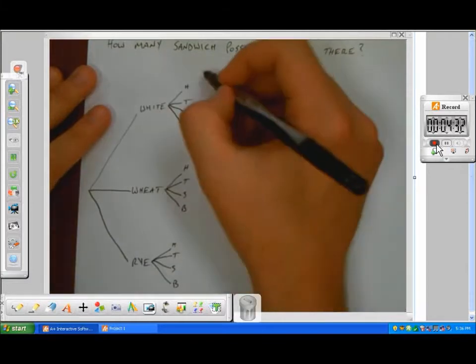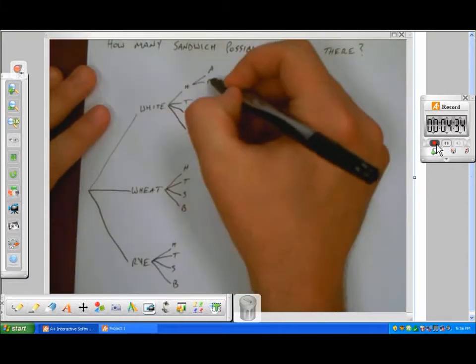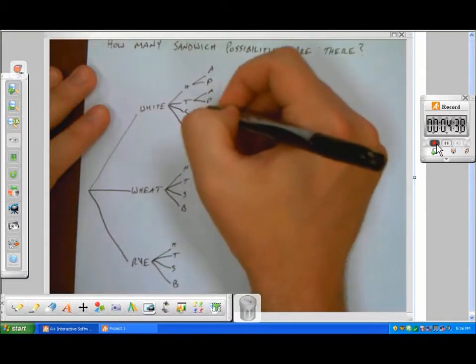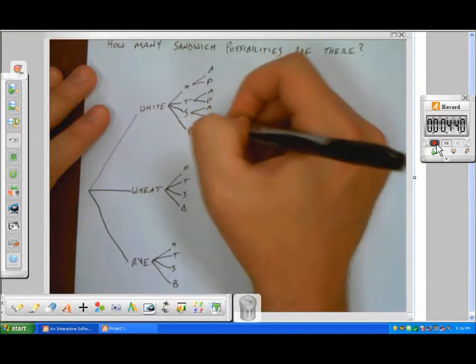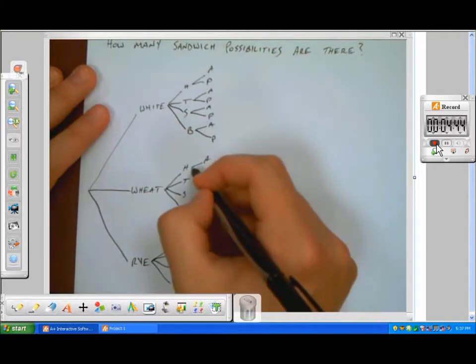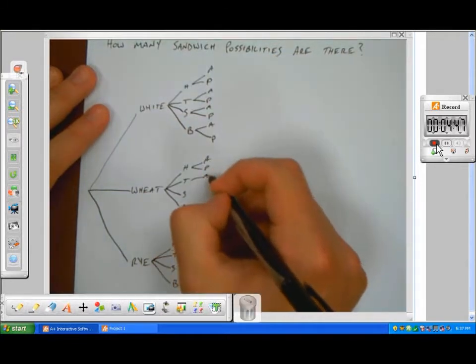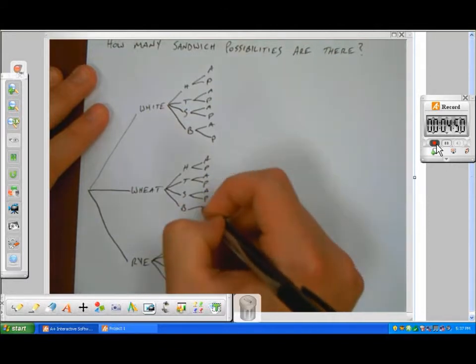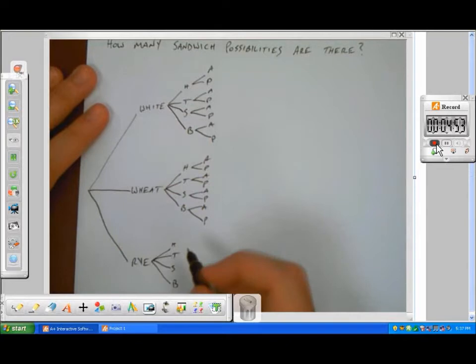American and provolone, and you get the idea. So we continue to list it out, and it's all right to use shorthand like this as long as you know what each of your letters stand for. And after I am done writing all of these out, I'll count up how many options we've got.